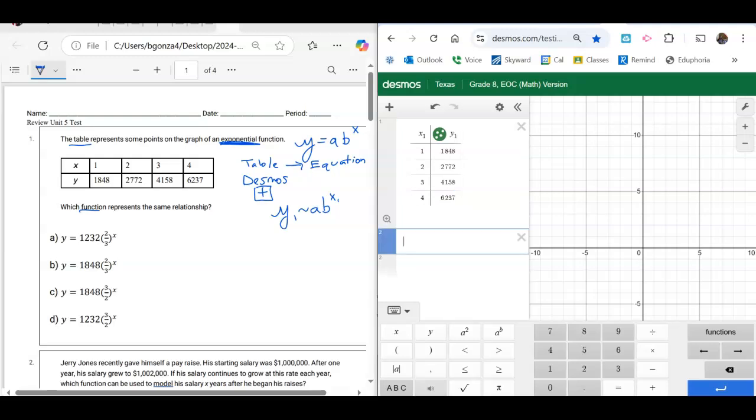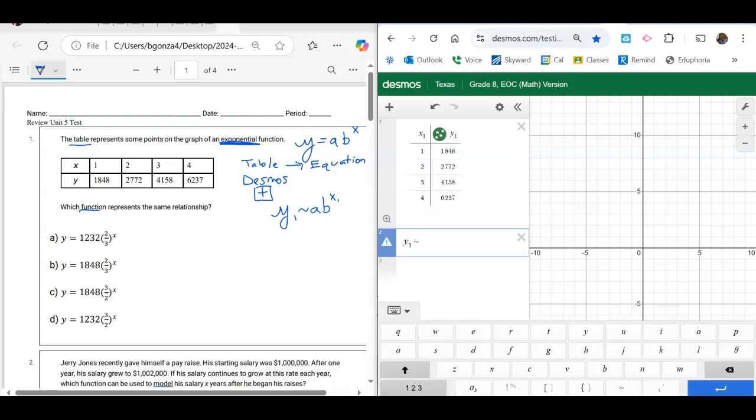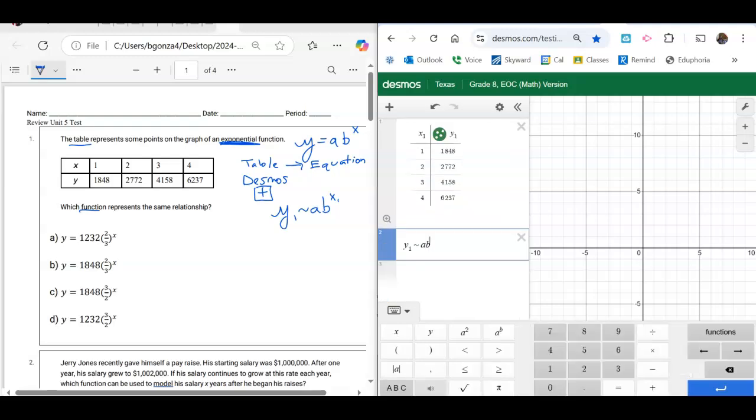Remember, each row is a column. And then, like I said, y1 squiggle ab to the power of x1. Make sure x1 is in the exponent.